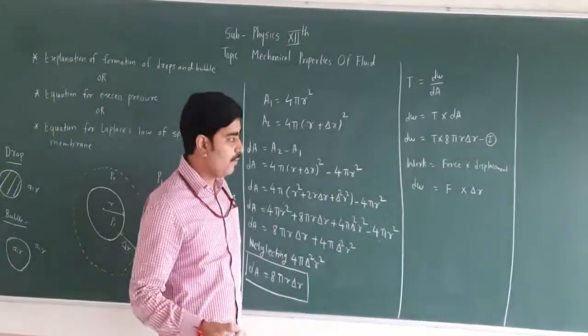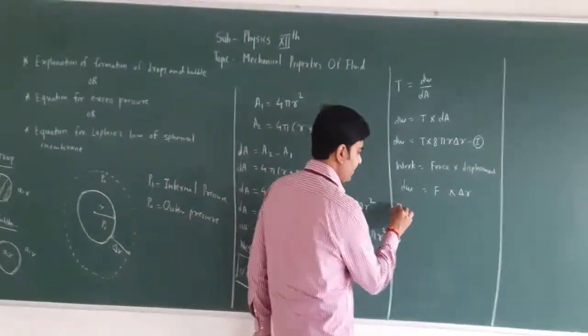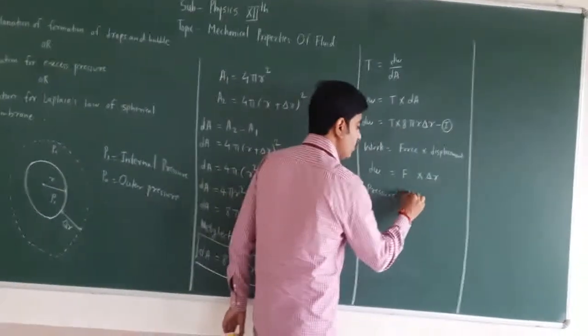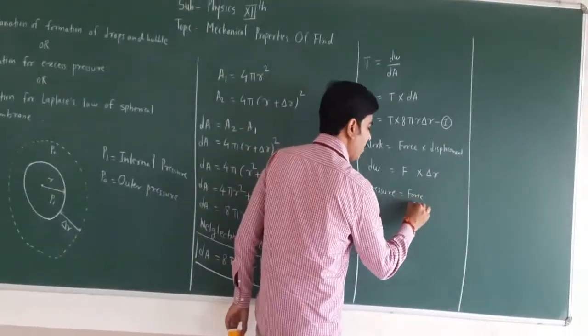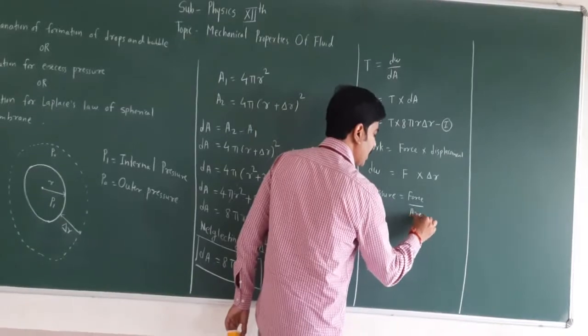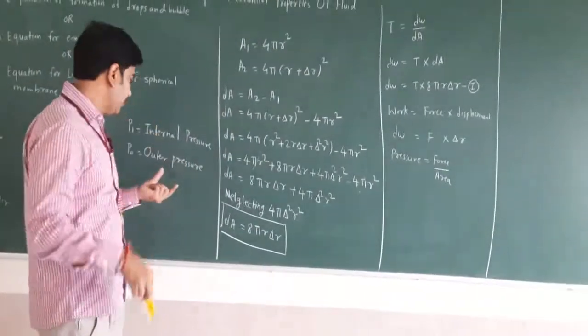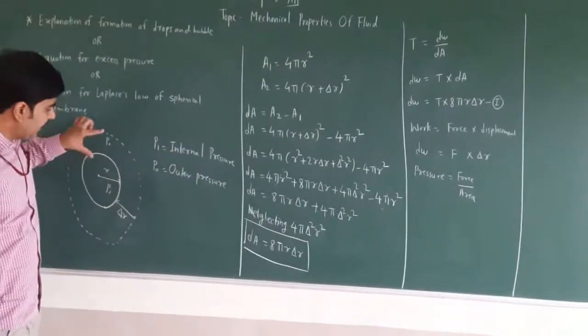Again, we know the formula for the pressure. What is the formula for pressure? Pressure is equal to force upon area. So here, as we are interested in the pressure, we take the difference Pi minus P naught.